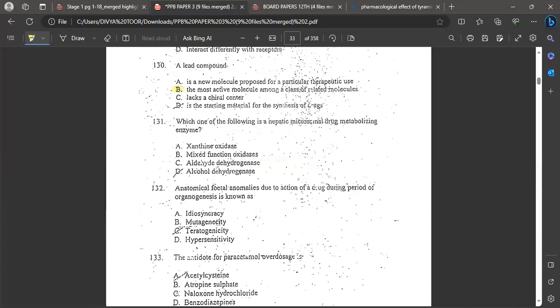Because according to Wikipedia, a lead compound is a biological representative of a compound series with sufficient potential, measured by potency, selectivity, pharmacokinetics, and physiochemical properties, to progress toward a full drug development program. Yeah, so I also think it's B.